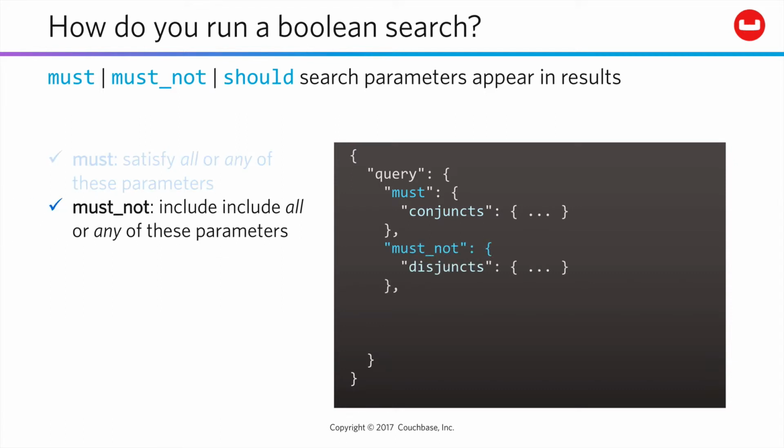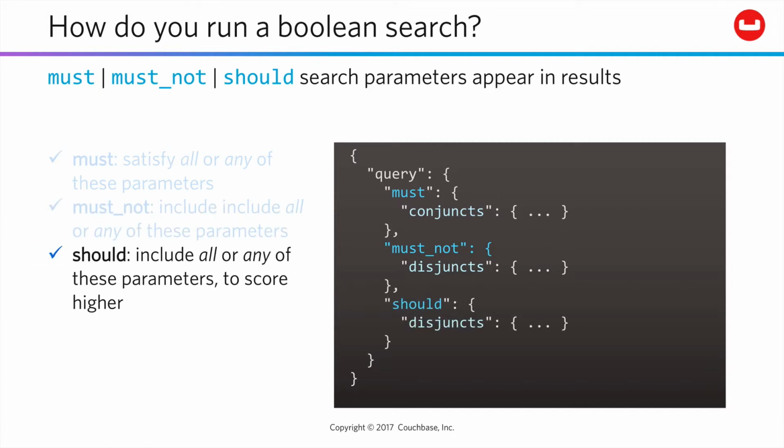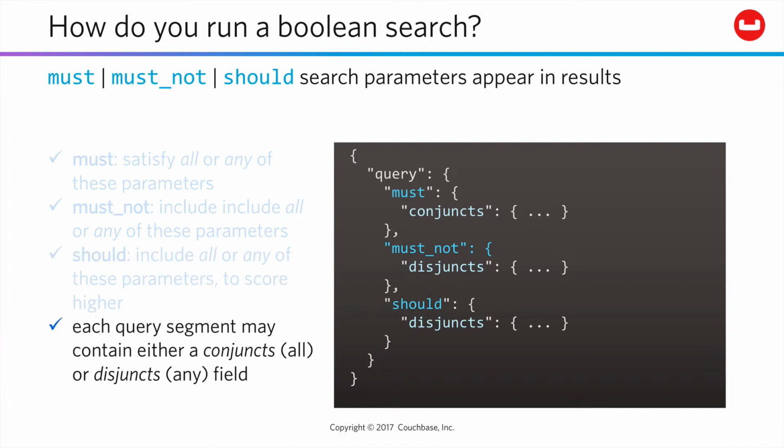Each result also must not satisfy, must exclude, all or a minimum number in the must not section of the query, and should satisfy all or a minimum, again, of the queries in the should section, the effect of which would be to boost their score in the results. Each of these Boolean query segments are optional, and they may each contain a set of individual queries defined for either a conjunction or a disjunction.